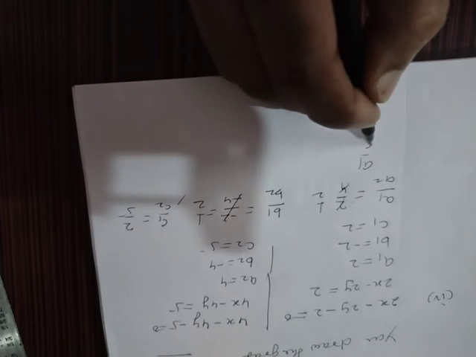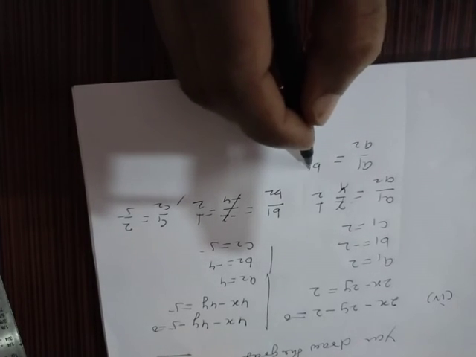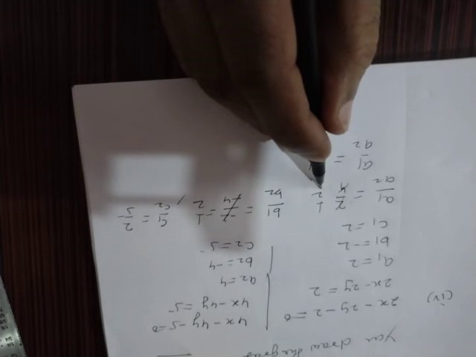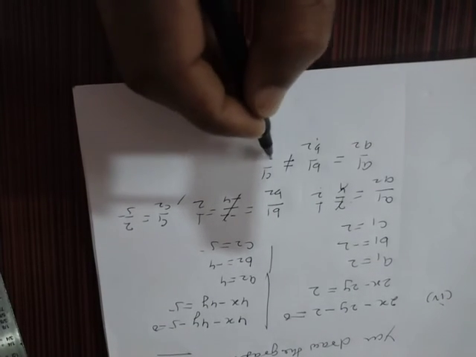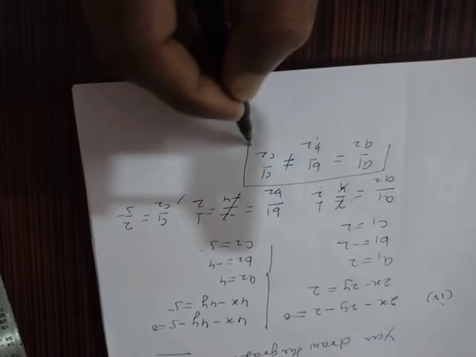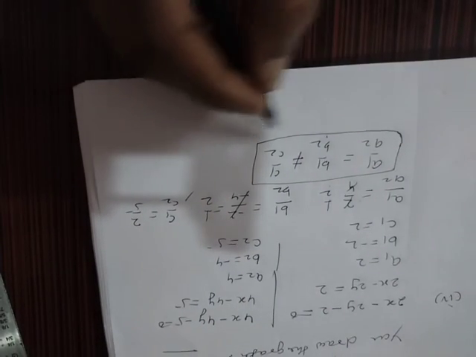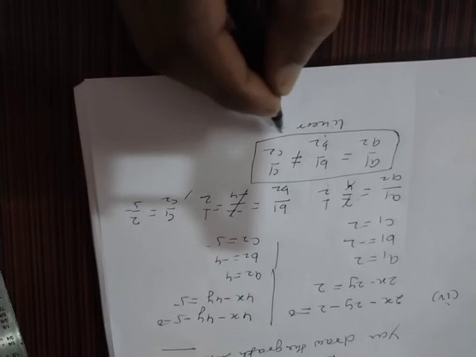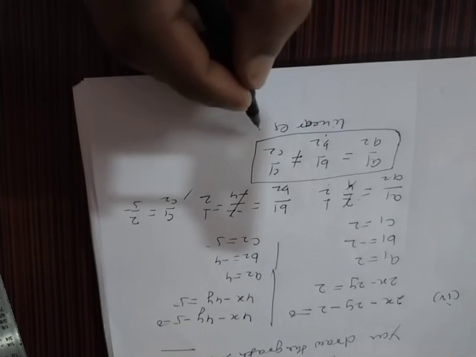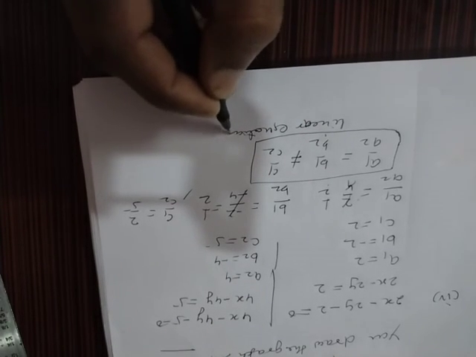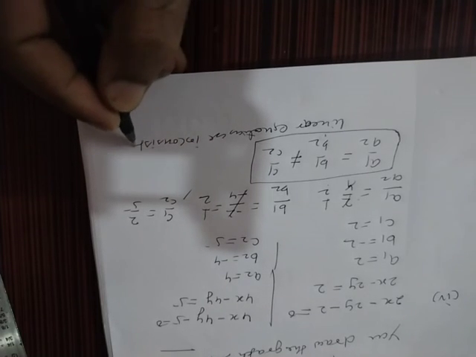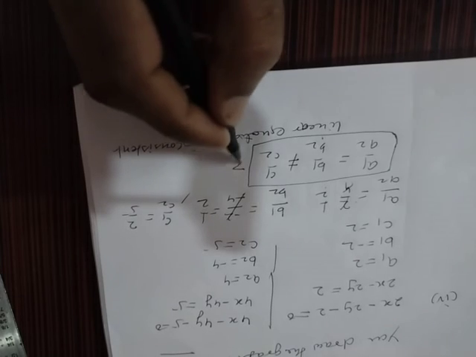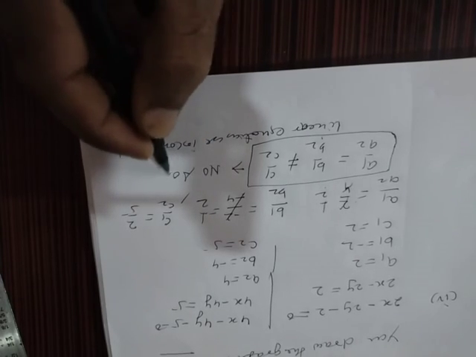So a1 upon a2 equal to b1 upon b2, 1 by 2 and 1 by 2, but not equal to c1 upon c2. So the linear equations are inconsistent. In such case, no solution.